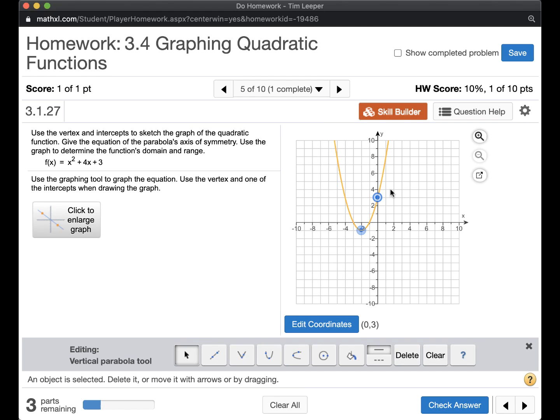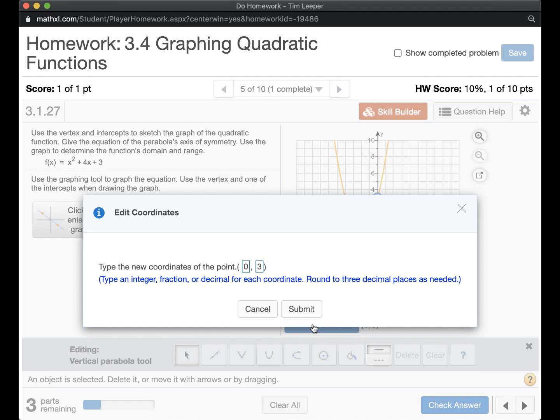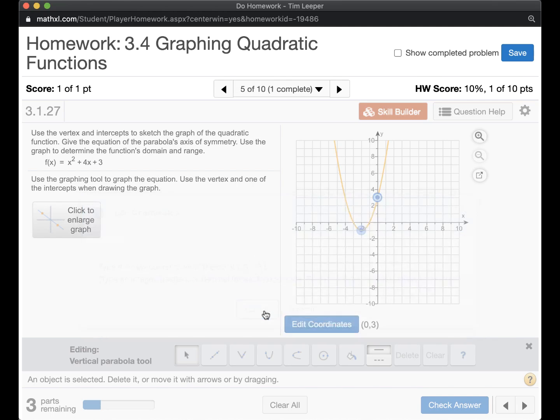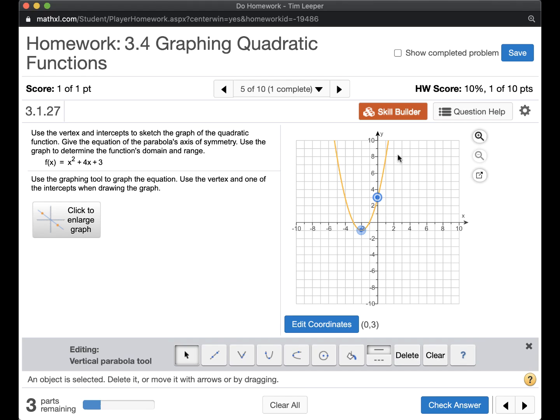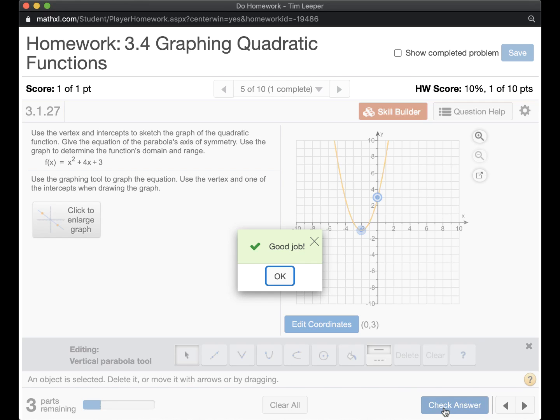By the way, if you need to edit coordinates, just click that right there, and you can type in fractions if you need to. If you need to round to 3 decimals because you have radicals, I wouldn't recommend doing that. I would just find some other point on the curve. Okay, so check your answer, and good job.